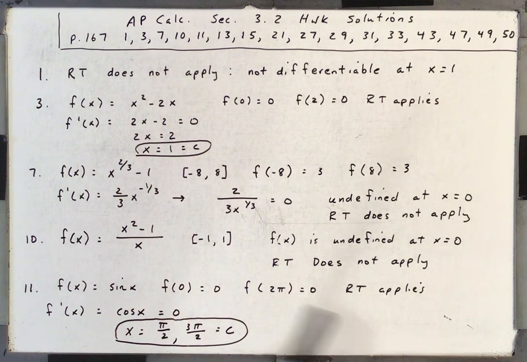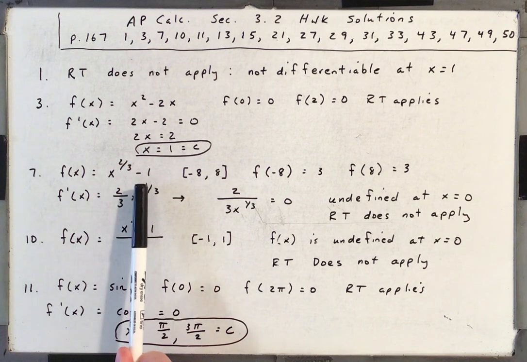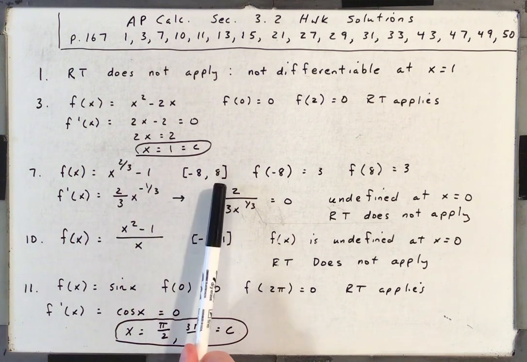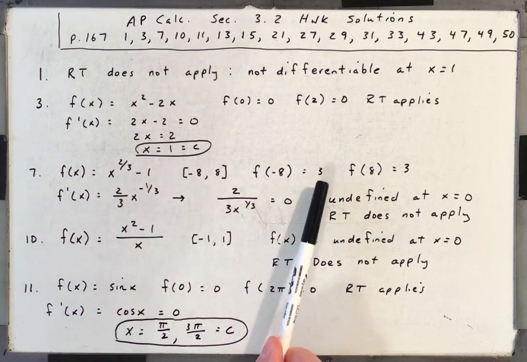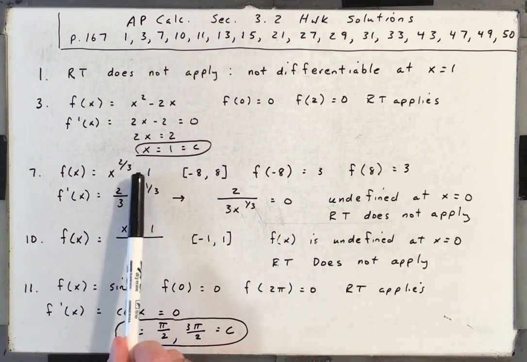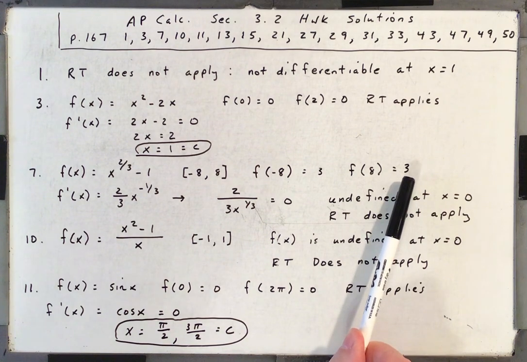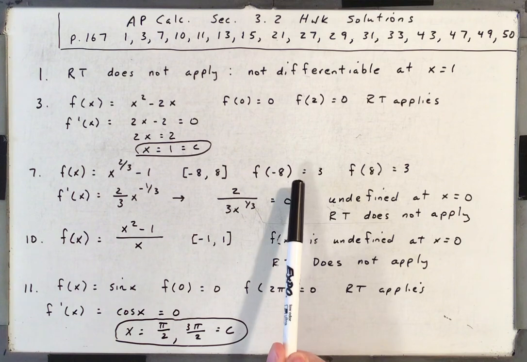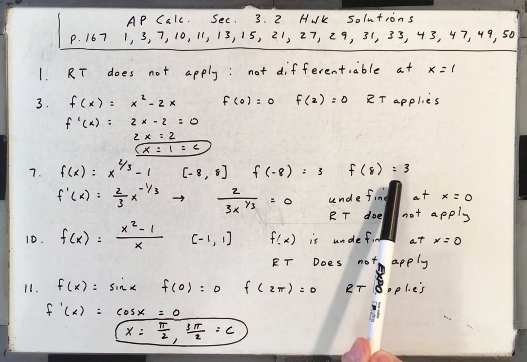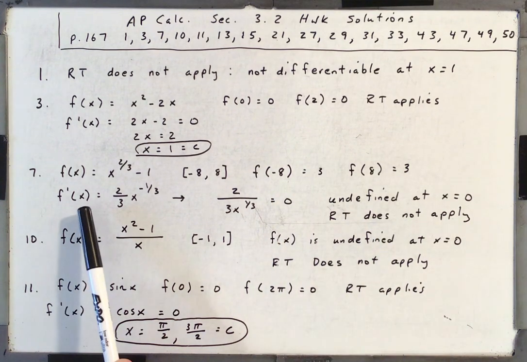All right, number 7, we have x to the 2/3 minus 1, and our interval is negative 8 to 8. F of negative 8, when you plug that in, you get 3, and positive 8 you plug in, you also get 3. So Rolle's theorem, at least as far as f of a equals f of b, does apply. Let's take the derivative.